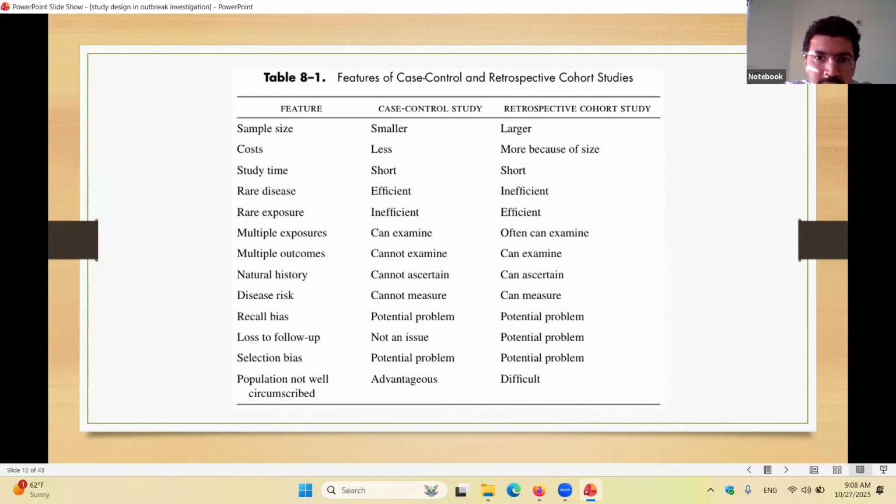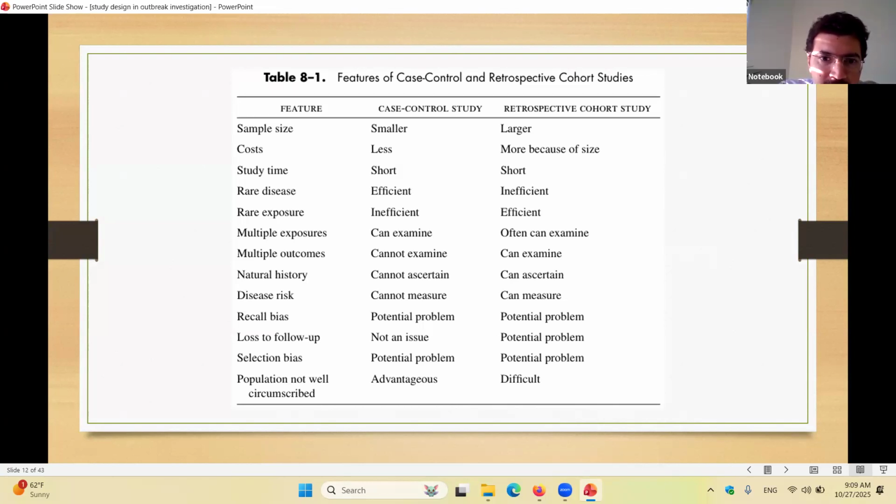Regarding costs, case control studies have lower costs than retrospective cohort studies. It is obvious because cohort studies are larger regarding study size. About study time, both of them can be short.